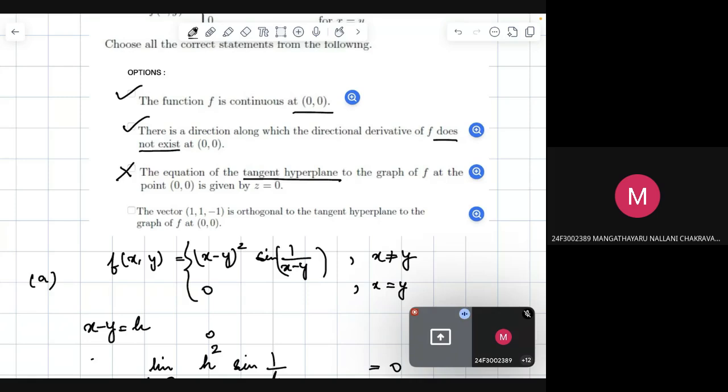When the tangent hyperplane is not existing, we can't say the equation for it. Next we are saying that the vector is orthogonal to the tangent hyperplane, again the tangent hyperplane is not there, so there is no meaning in trying to find if it is orthogonal to something or not. So again this is the wrong option.